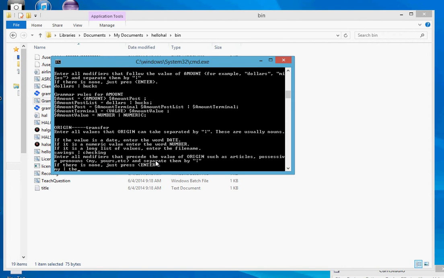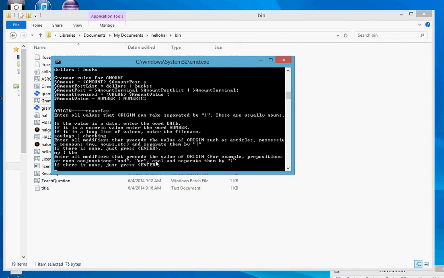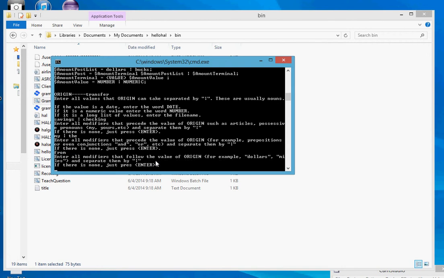So that's probably good enough for now. And then would we use prepositions in front of the origin concept, before savings or checking? Of course. Most people would say, I want to transfer from checking or from savings. So from is going to be for sure a preposition. So that's good enough for now. And now, what follows the word savings or checking? Well, obviously, it's going to be the word account. Okay.